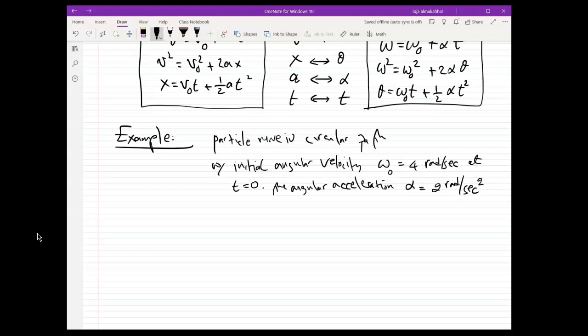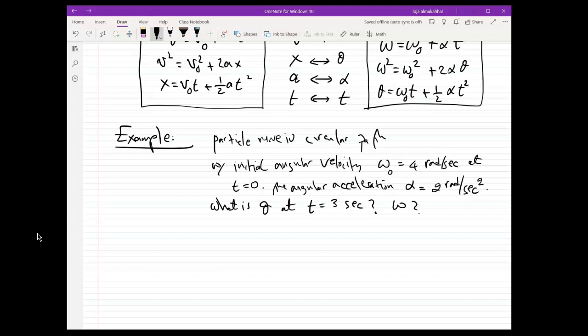The question is, what is the angular displacement theta at t equals 3 seconds? In other words, after 3 seconds, what's the angular displacement of that? And also, what is the angular velocity at that time?